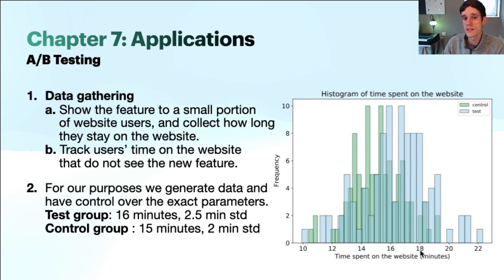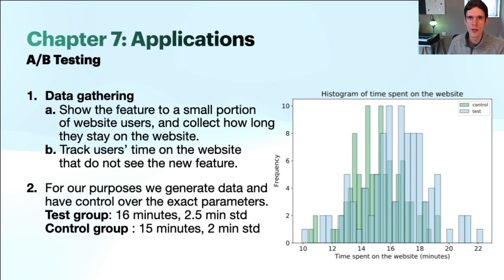Now, from only this histogram, of course, you wouldn't want to draw any conclusions because then management will be very cross with you. And then the task you are given now, and the challenge, is whether the difference between this average time spent on our website, between the test group 16 minutes and the control group 15 minutes, is indeed representative for the overall populations if we were to roll out this feature.